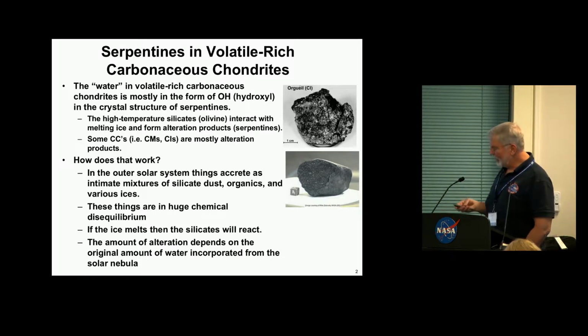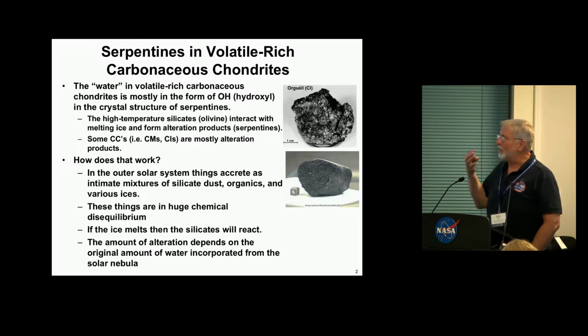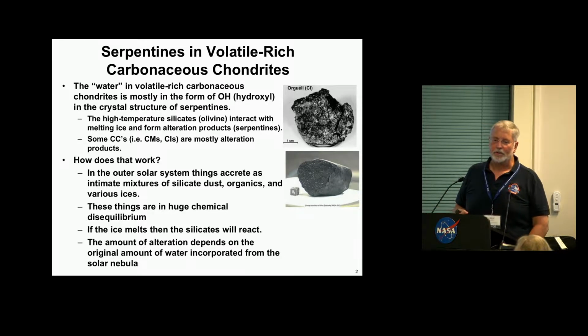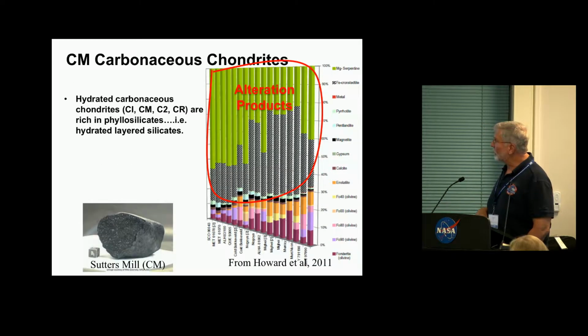And the amount of alteration depends upon the amount of water incorporated in the original nebula. So just to illustrate with CM carbonaceous chondrites, which might be the parent material of some of these asteroids we're going to, all of this circled in red are alteration products.